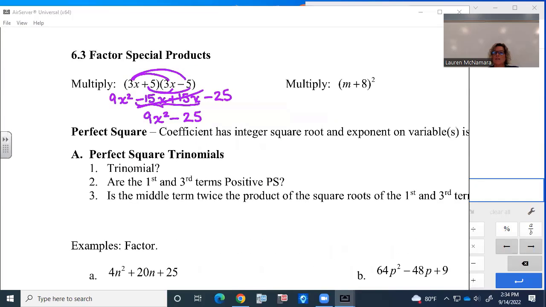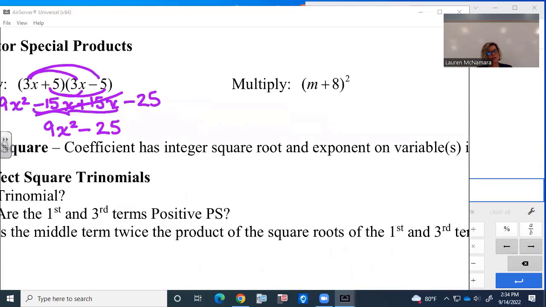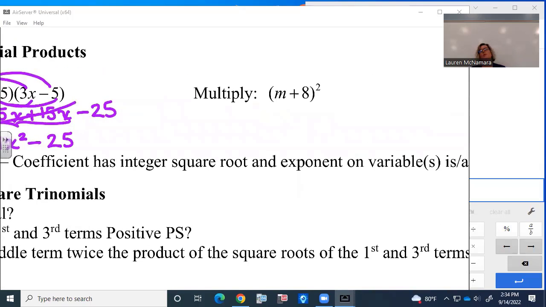All right, now let's look at my other special product. Hopefully remember that a binomial times a binomial is always going to be a trinomial. Well, a binomial squared, when I'm talking about this particular one, is always going to be a trinomial because you can't distribute that square in there, so you want to write it twice.